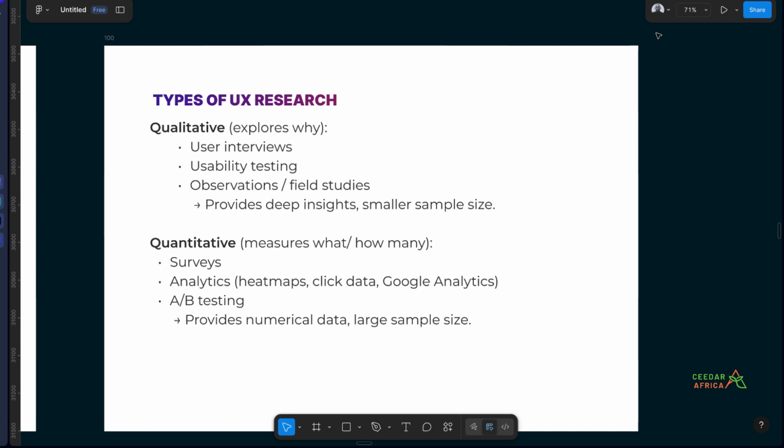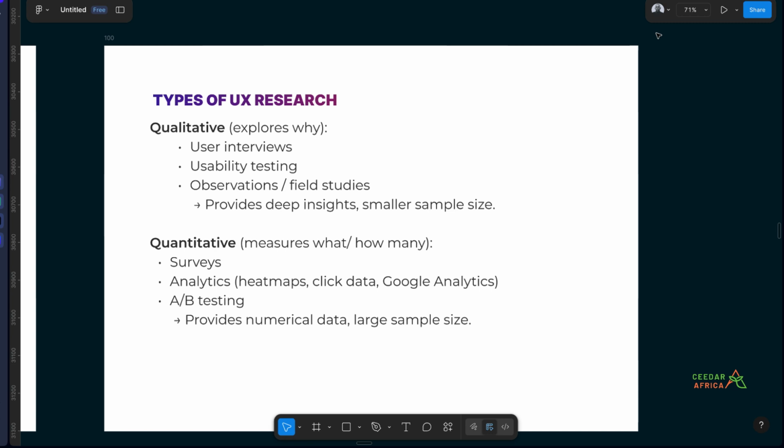You are trying to carry out research to know the average number of people, or it just gives you numbers. And that's why the types of research under this are like surveys. When you carry out surveys, you're trying to get numeric data on a particular subject, right? You're trying to carry out statistics.